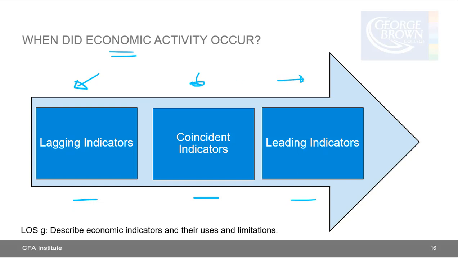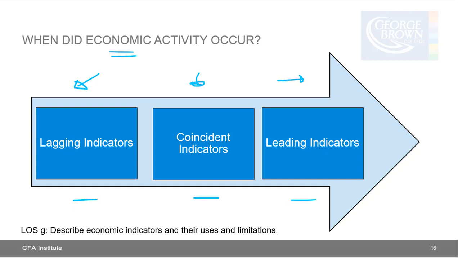Okay, so key economic indicators are often categorized as lagging, coincident, or leading based on whether they indicate that changes in economic activity have already happened, are currently underway, or are likely to happen in the future. Lagging indicators signal a change in economic activity after output has already changed.